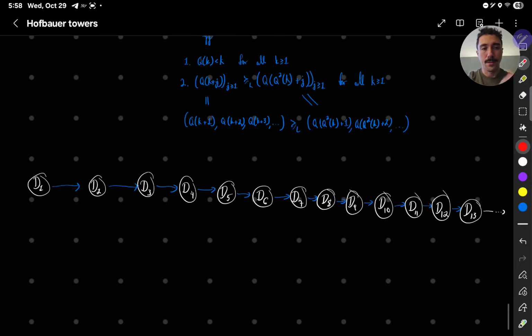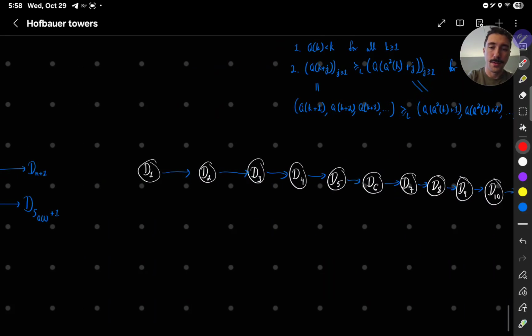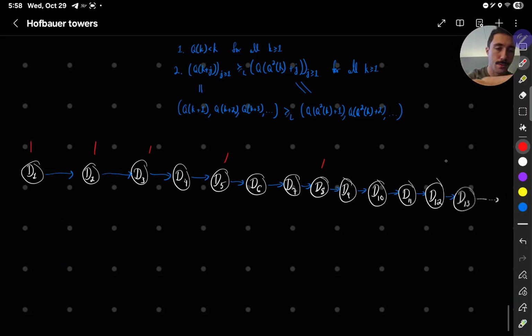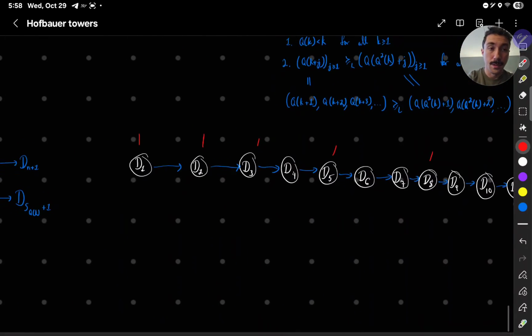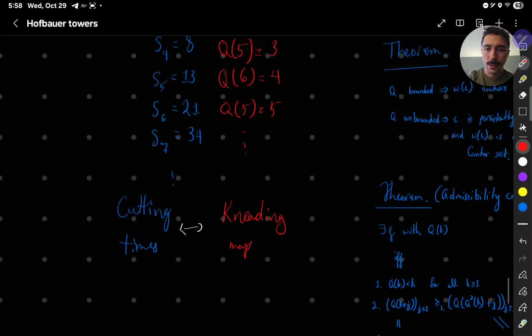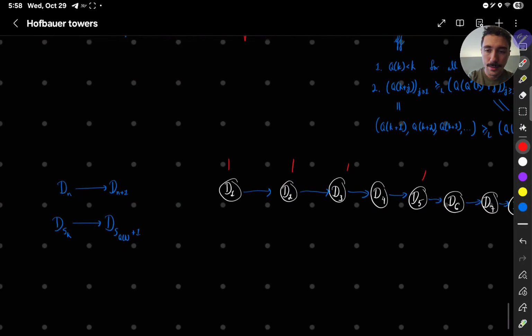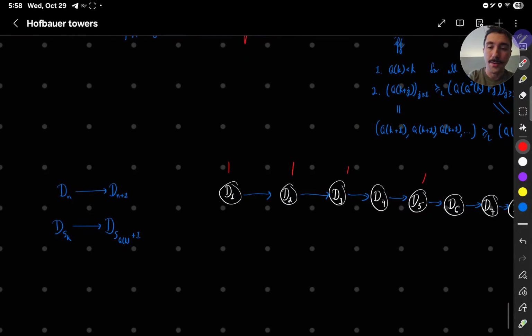But you also have the down edges, the backwards edges. Those happen at the cutting times, so that's 1, 2, 3, 5, 8, and 13. And where do you go? Well, let's look at k equals 0.